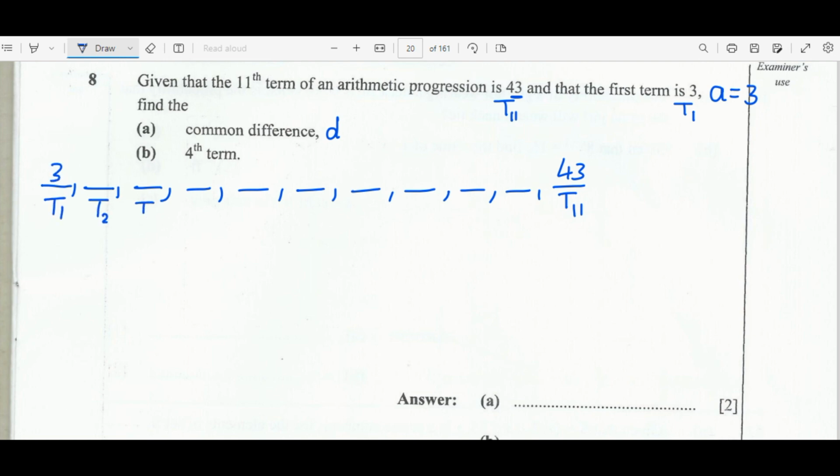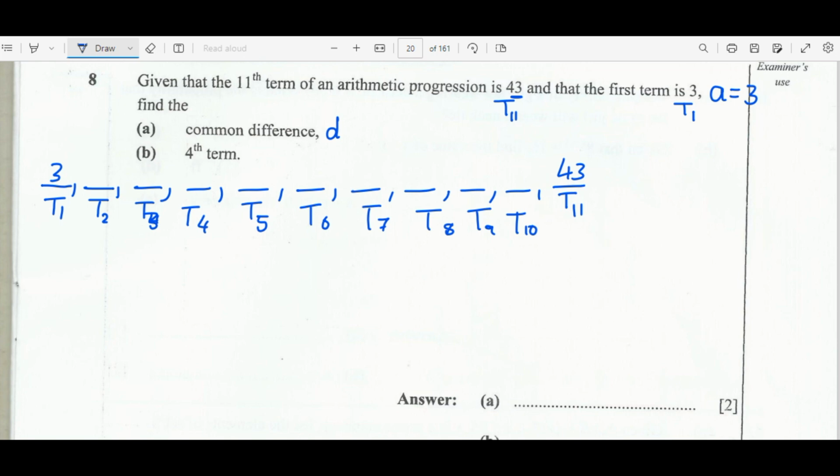So now, how can we use the information to find the common difference, the number that was added? Since 43 is greater than 3, it means that in this AP each term was added by a common difference that we are yet to find. Right, so here we are going to use a formula.